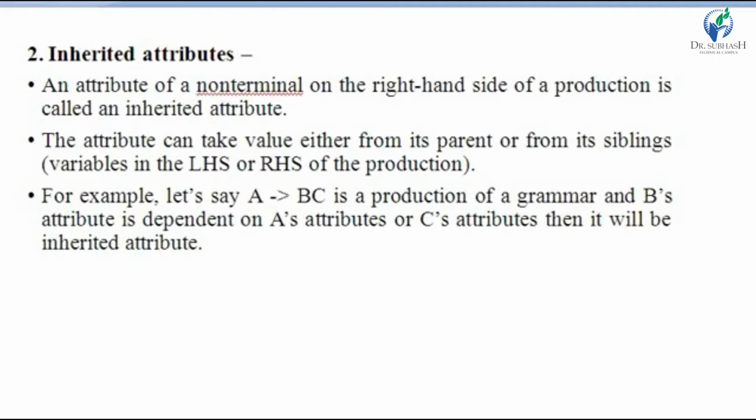So here, top down parsing method calculates from root to leaf, top to bottom, and bottom up parsing method calculates from leaf to root. For example, let's say A gives BC is a production of a grammar and B's attribute is dependent on A's attributes or C's attributes, then it will be an inherited attribute.